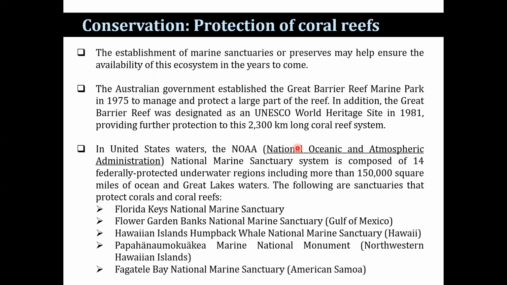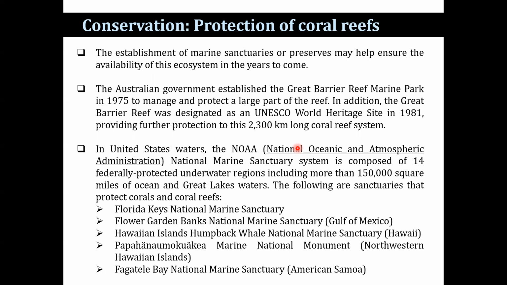In United States waters, the National Oceanic and Atmospheric Administration's National Marine Sanctuary System is composed of 14 federally protected underwater regions that include more than 150,000 square miles of ocean and Great Lakes water.